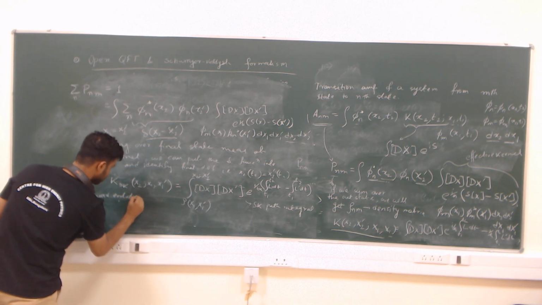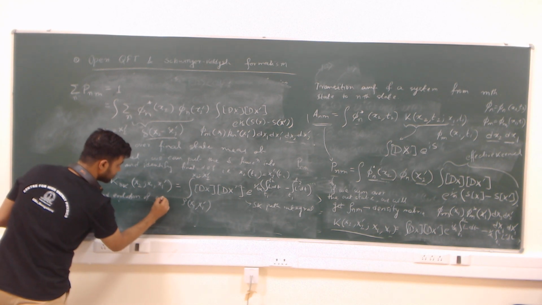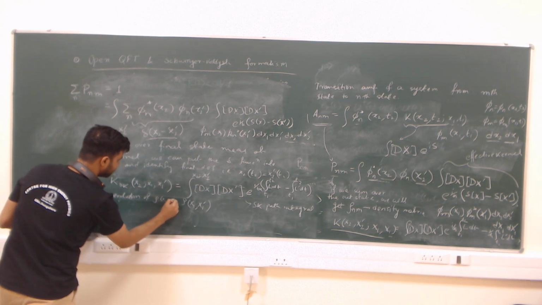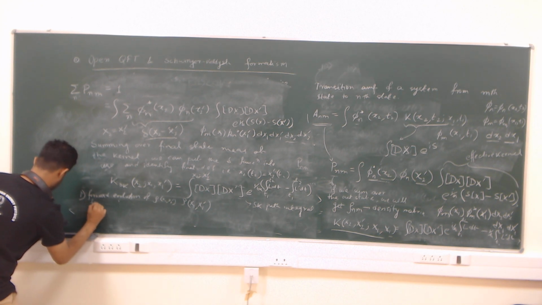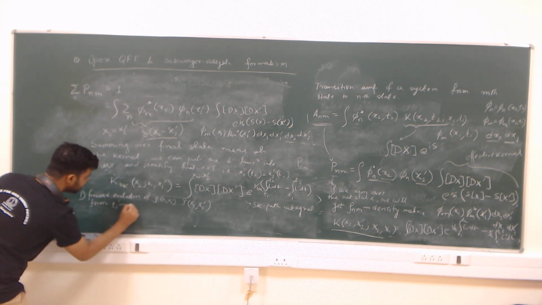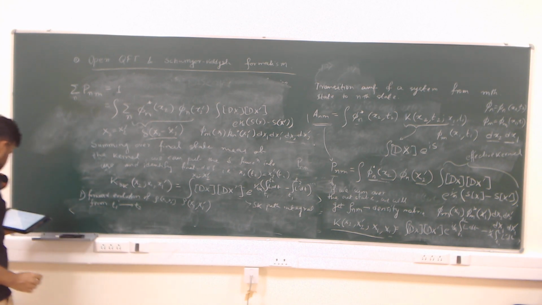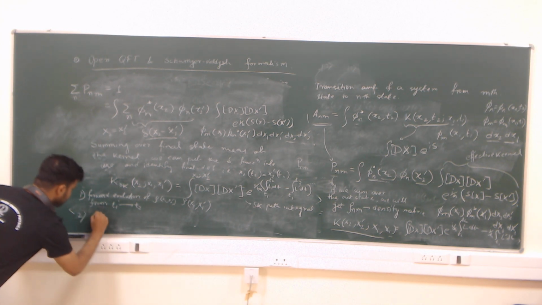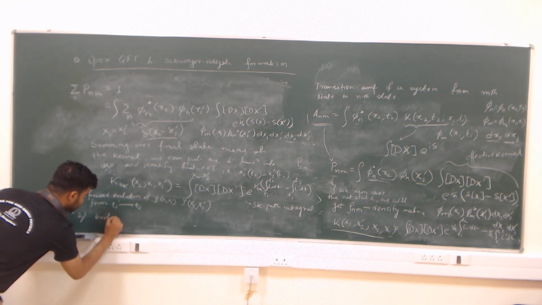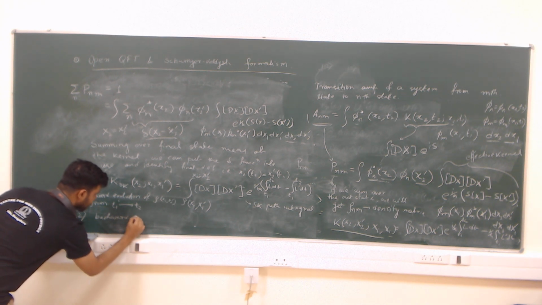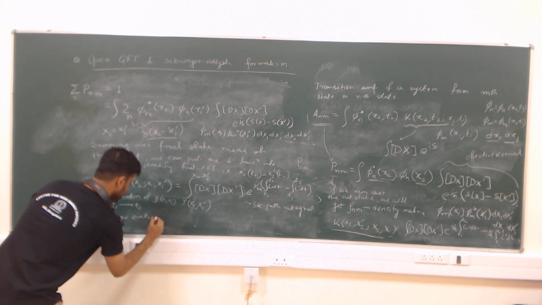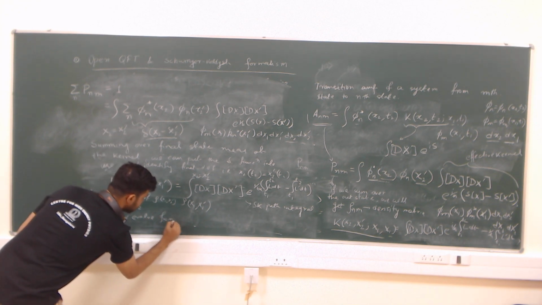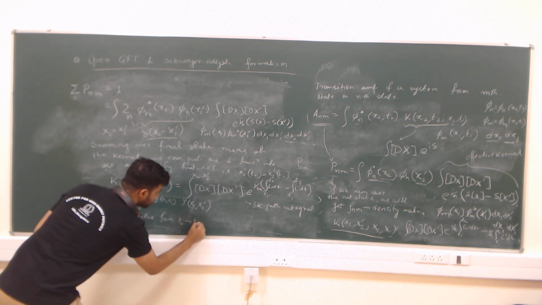Evolution of this rho x1 x1 prime, let's say, from t1 to t2, and then we backward evolve from t2 to t1.